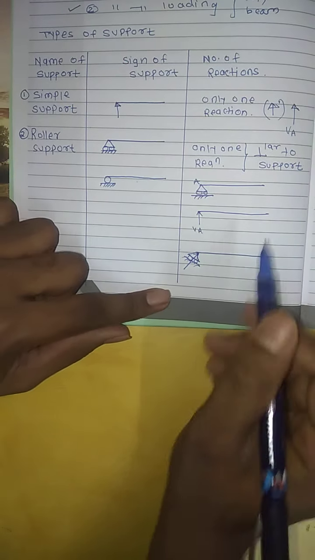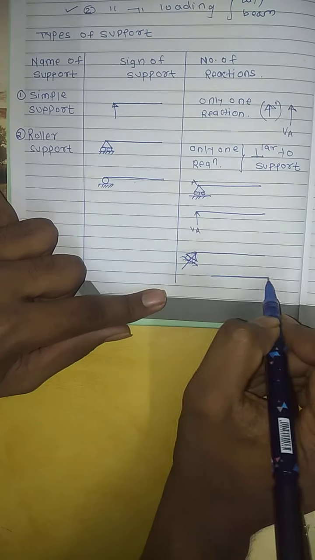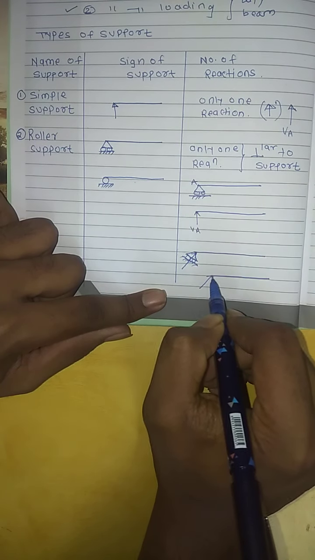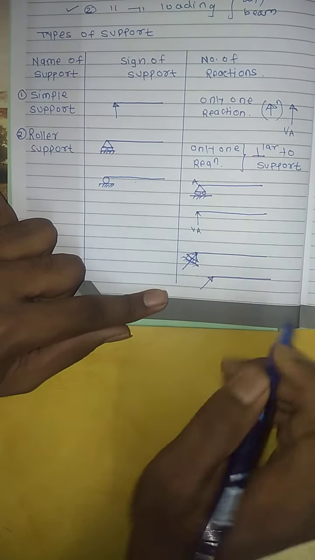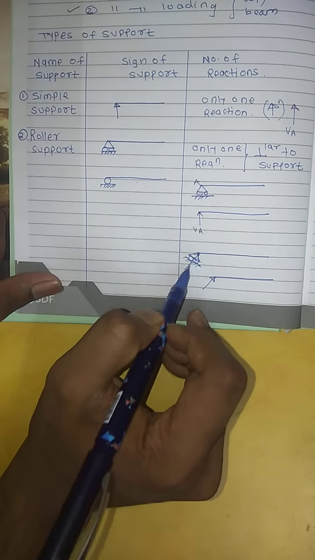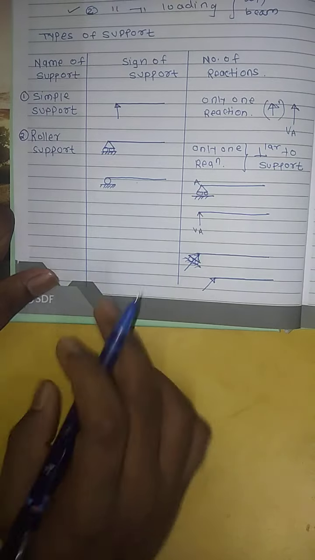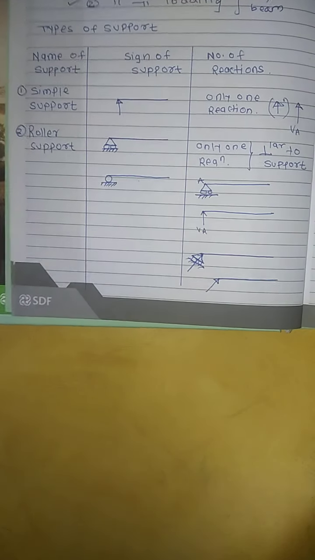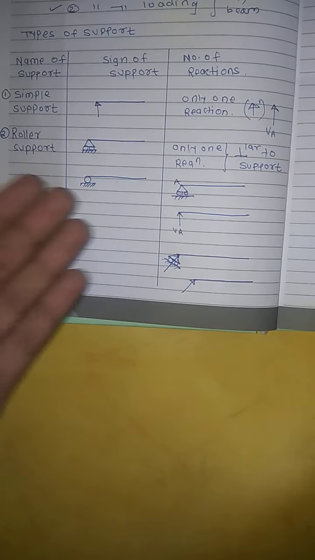So if we draw simply, this will look like this, meaning to this plane it will be 90 degrees. This is our second thing, roller support. When we solve the problems, we will come to know.